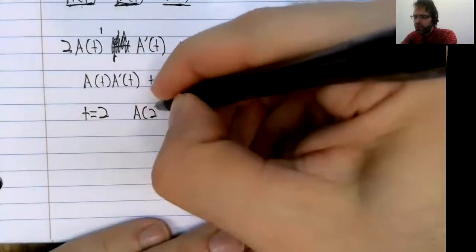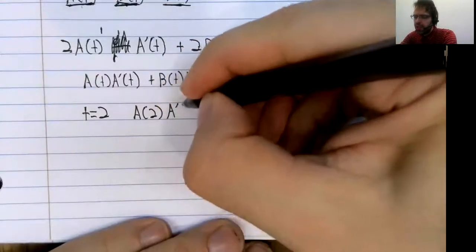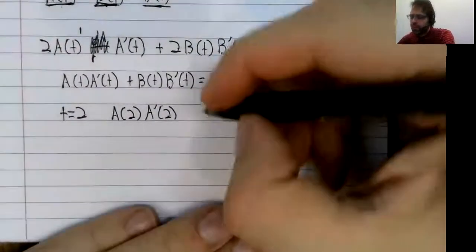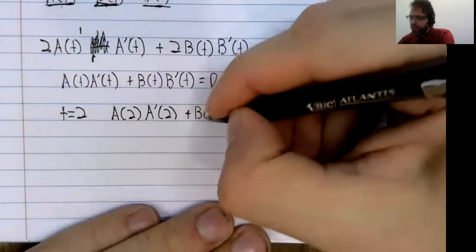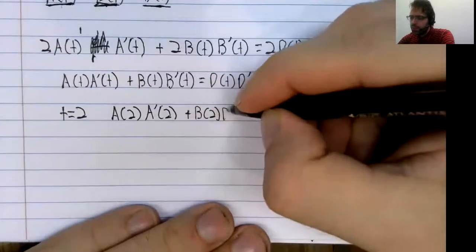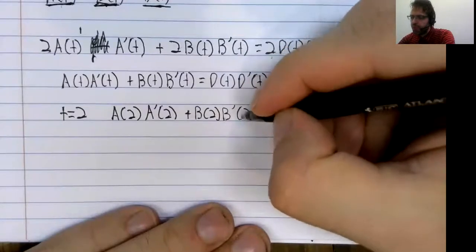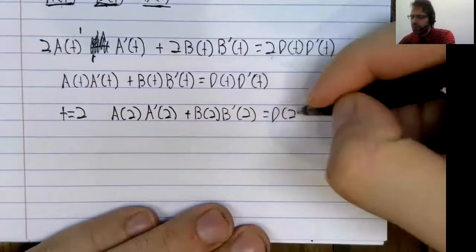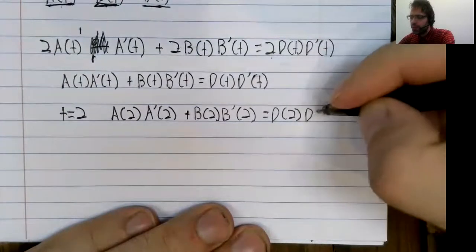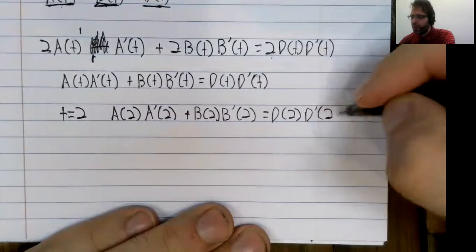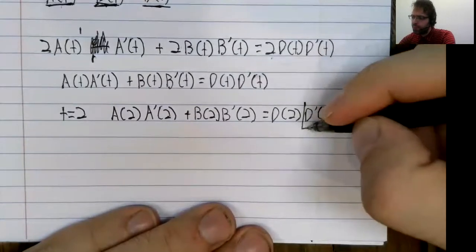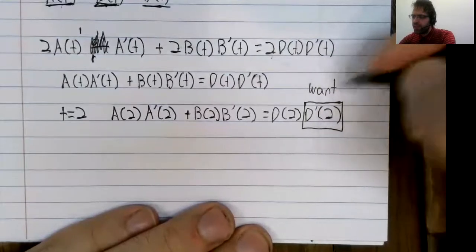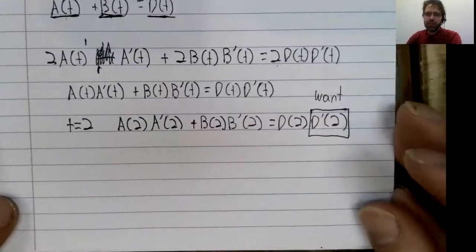A of 2 times a prime of 2 plus b of 2 times b prime of 2 equals d of 2 times d prime of 2, and this is precisely what I want.